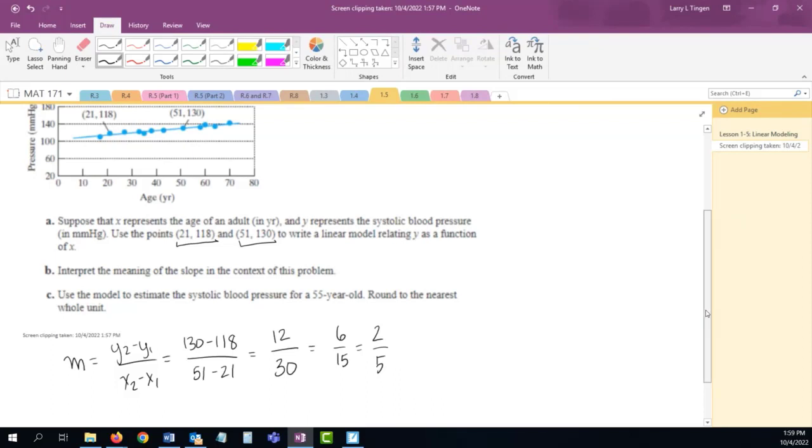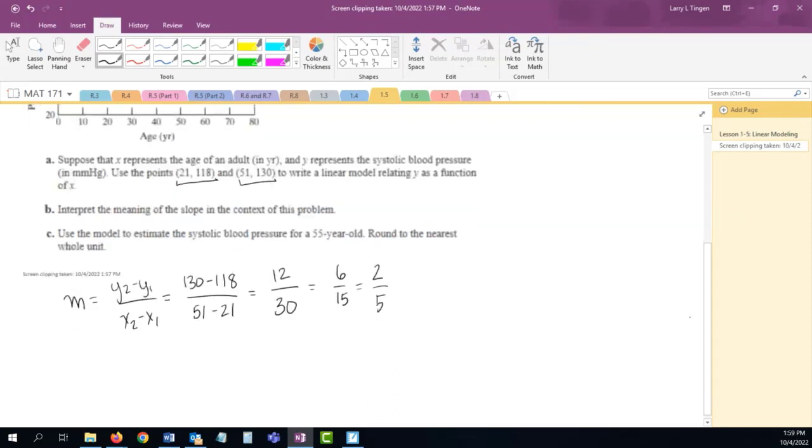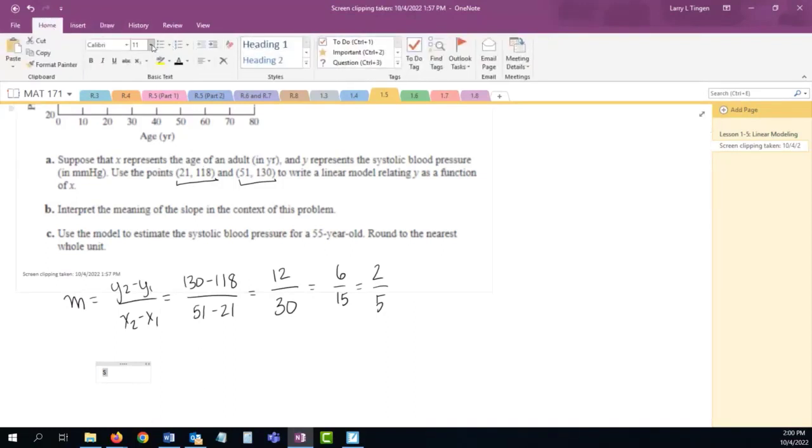What does that mean? What does the slope of 2/5 mean for this problem?